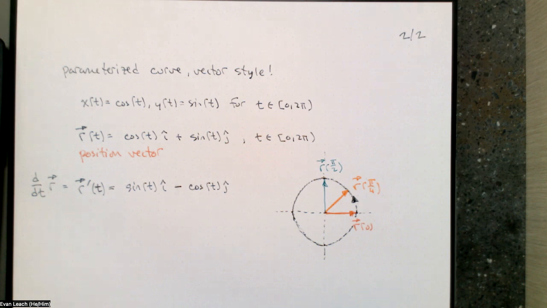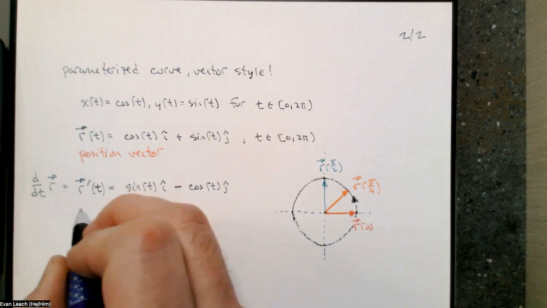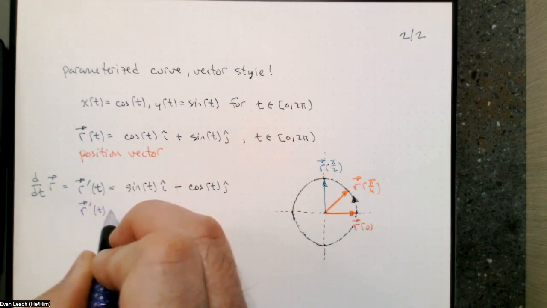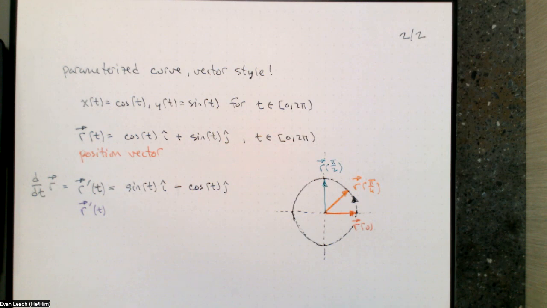Now, let's pick a point. Let's say at t equals pi. Oops, I spelled pi wrong.